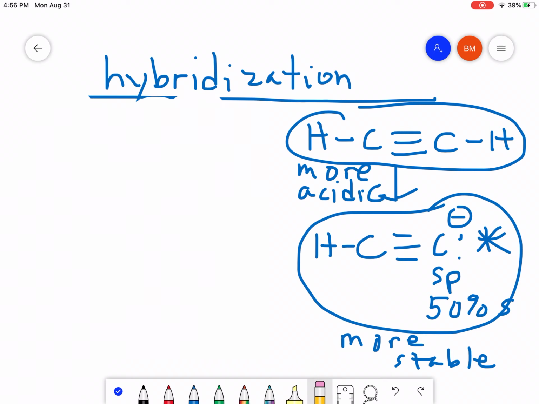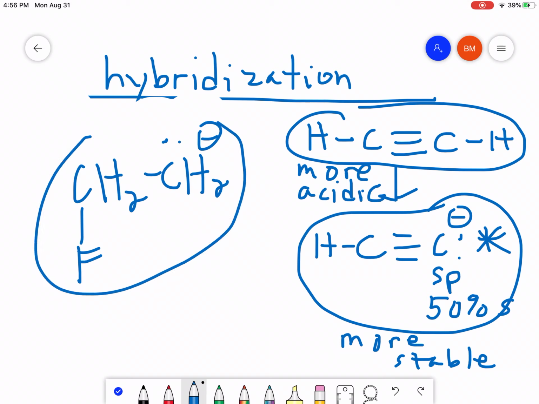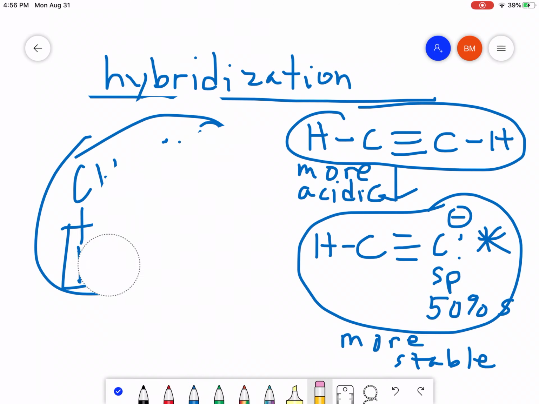If our conjugate base looked like this instead, right, then obviously this one would be more stable because it would have an inductive effect that's more powerful, right? But all other things being equal, yeah, higher S character, more stability.